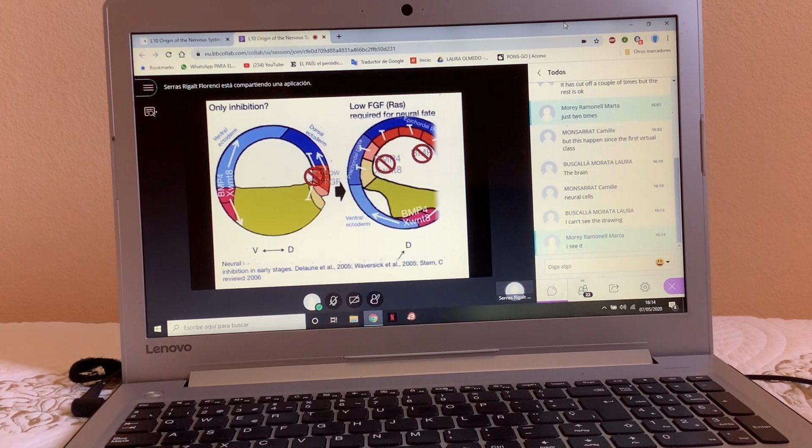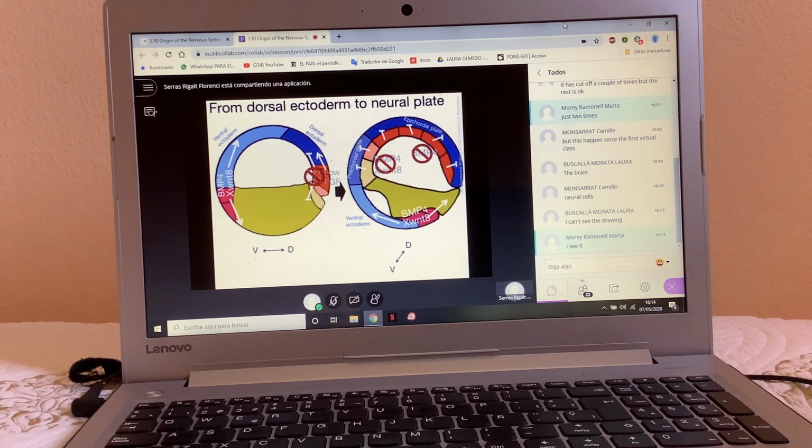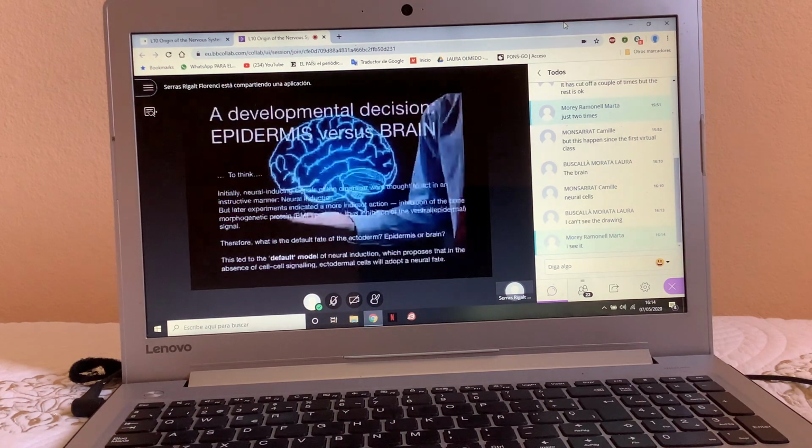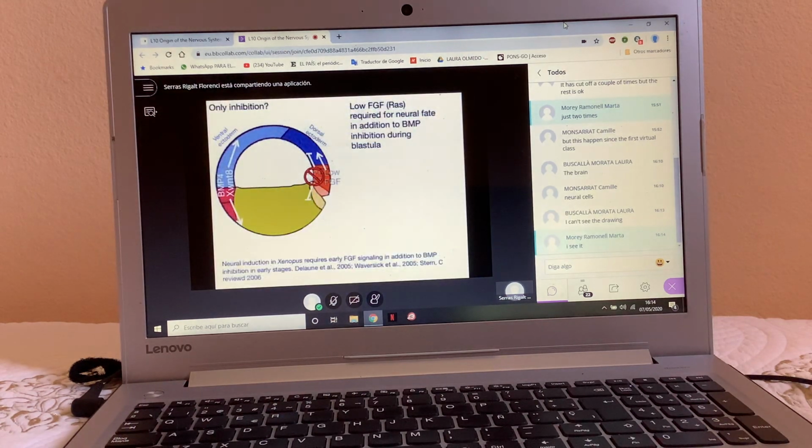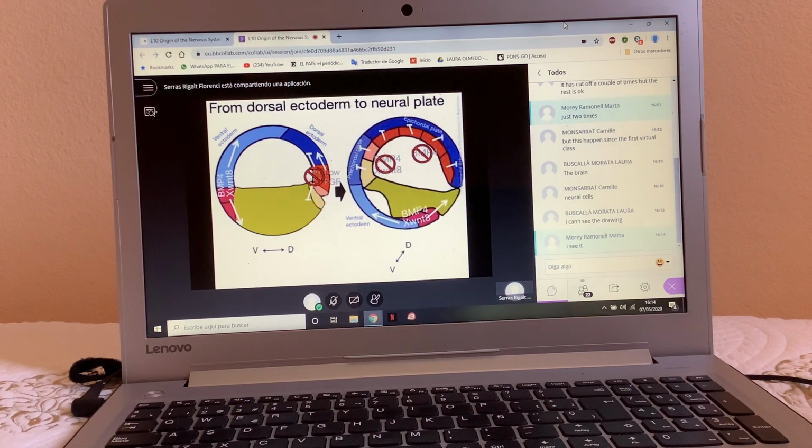Can you see the drawing? We still have some problems here. You don't see the drawing at all. Some people say that they see it, some others no. Laura, if I move the picture, you don't see it? If you don't see it, please say it.